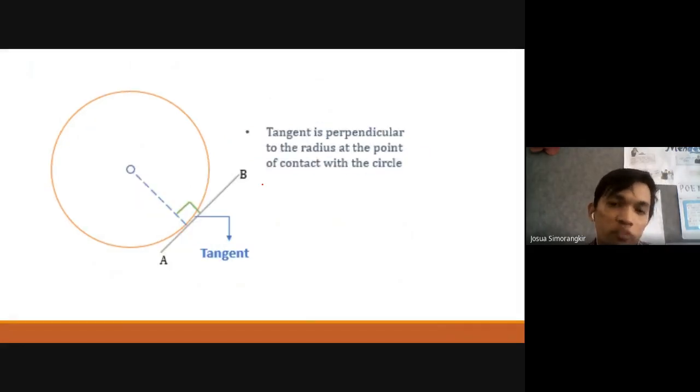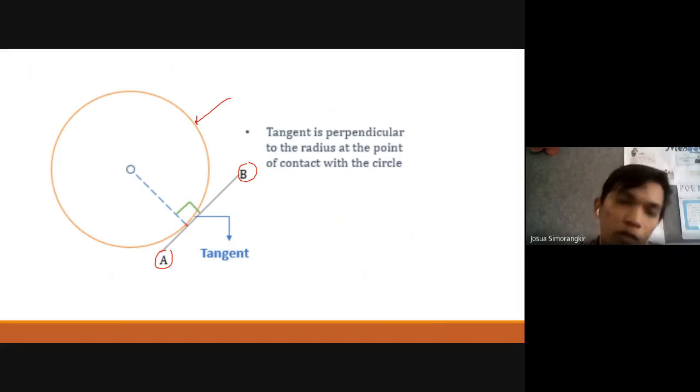So a tangent is when a line makes contact with a circle. Let's say here line AB makes contact with this circle. Here is the contact.